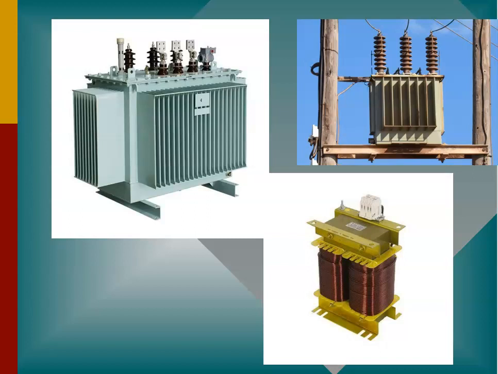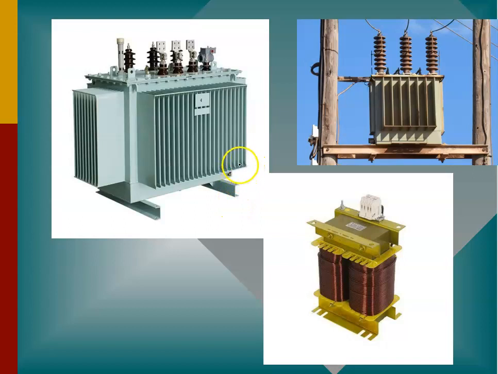So I believe you did see this somewhere, maybe nearest to your house or nearest to the building that you go to every day, or anywhere. This is what we call a transformer. So what is the use of a transformer? It is used to step up and step down the current or the power or the voltage in your circuit.